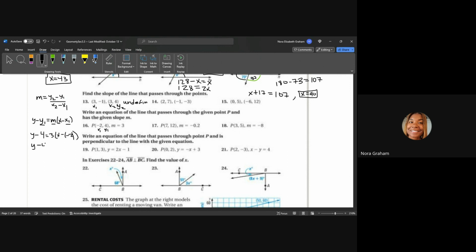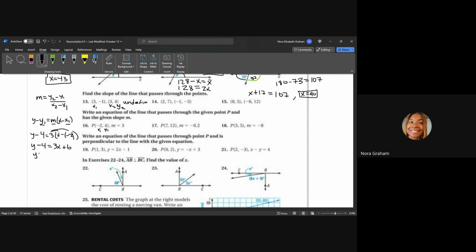Okay. Now I can go ahead and simplify this down so my y is isolated. So I have y minus 4. I'm going to do 2 steps at the same time. I'm distributing this 3 to hit everything, so I have 3x. Again, a negative times a negative is a positive. So this turns into positive 3 times 2 is 6. Okay.